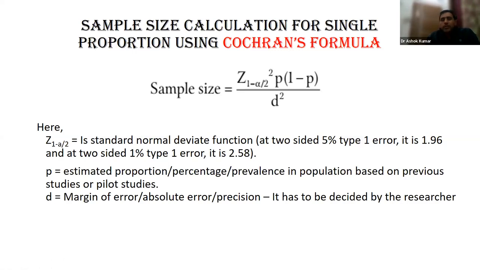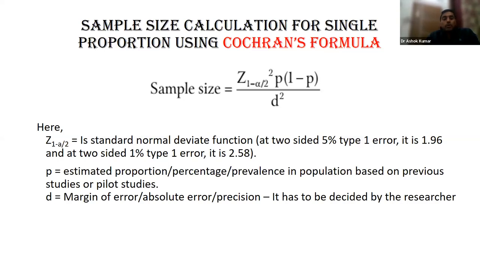Otherwise, we can have pilot study data, 10 patients or 5 patients, and we can calculate prevalence or proportion or percentage or something like that. We can assume this, we can take it according to our clinical experience, or we can take an expert opinion for this P.